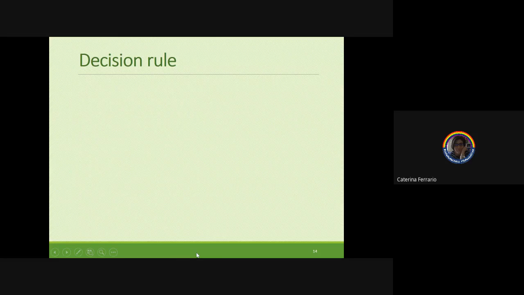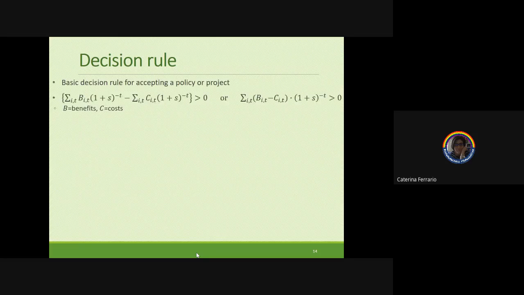So once we have said that we have costs and benefits, and that we have a discount factor to make costs and benefits accruing at different points in time comparable, we need a decision rule, a rule that tells us whether a project or policy is worth implementing. And the decision rule for setting a policy or project is written here.